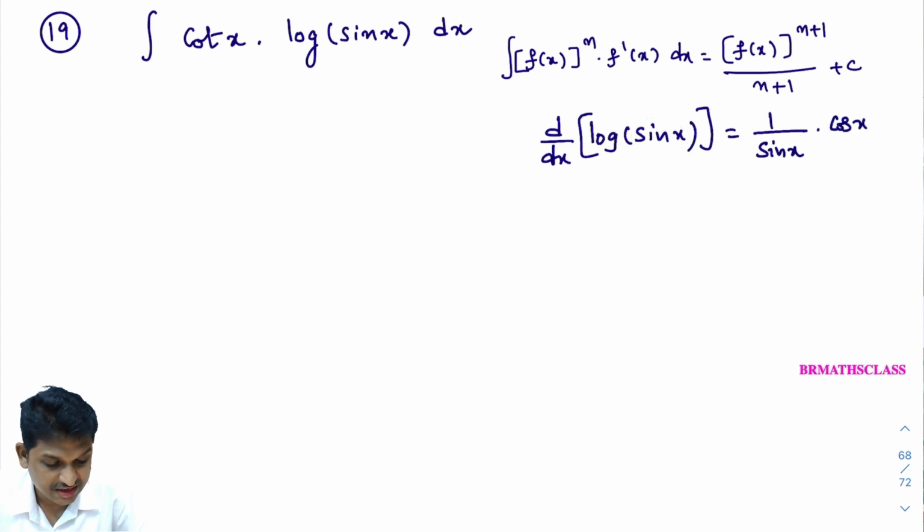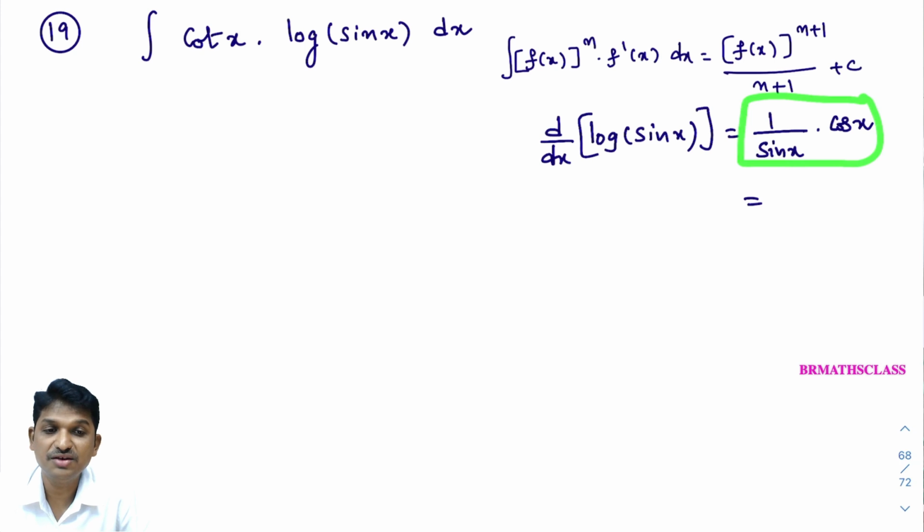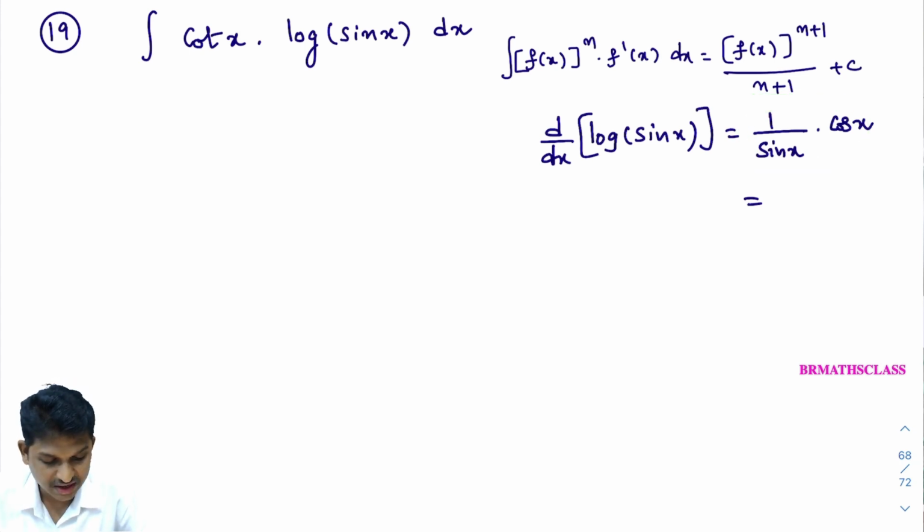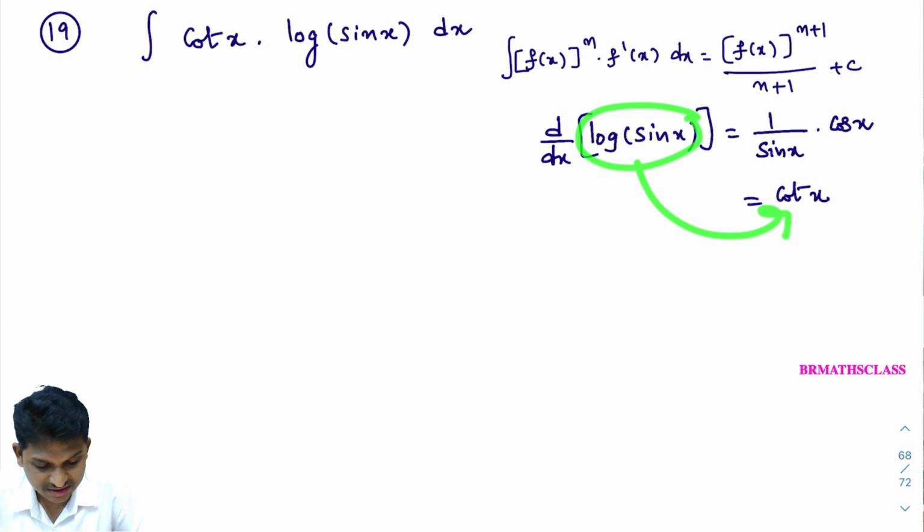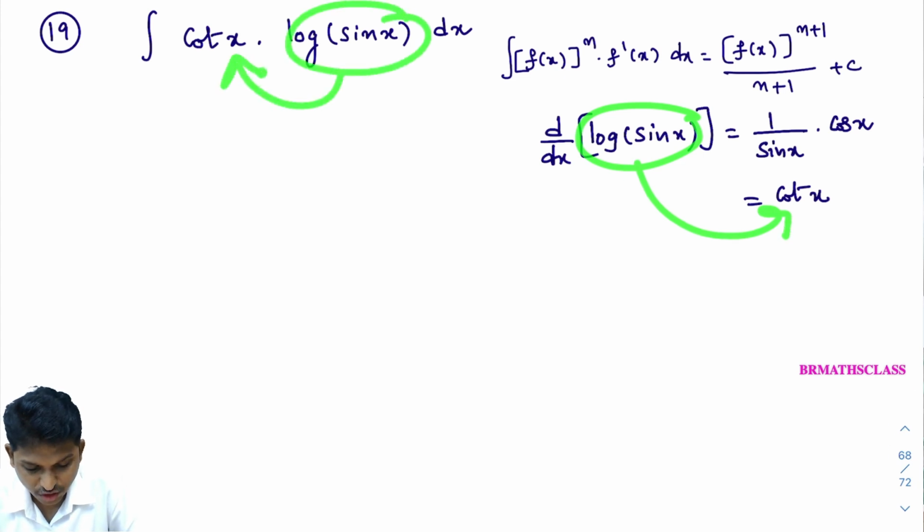All these things we learn in differentiation chapter. So, cos x divided by sin x. In trigonometry, you know this formula. Cos x divided by sin x is cot x. So, you look here. What I got, derivative of log sin x is cot x. Here log sin x is there. Here cot x is there.